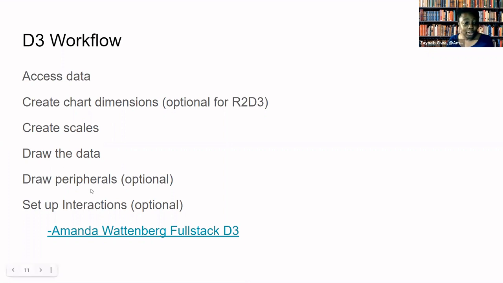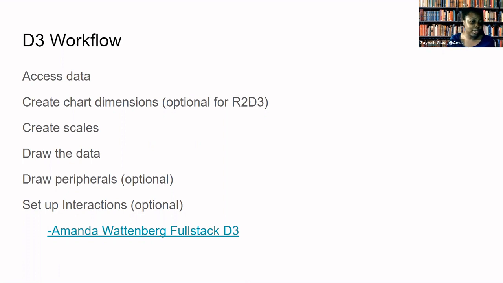And then the rest are peripherals. That's your x-axis, your y-axis. This is optional. And then you can set up interactions. Like with the other graphs we saw, you hover over a point in your graph and you can see a pop-up, or if you hover, you can just change the color.